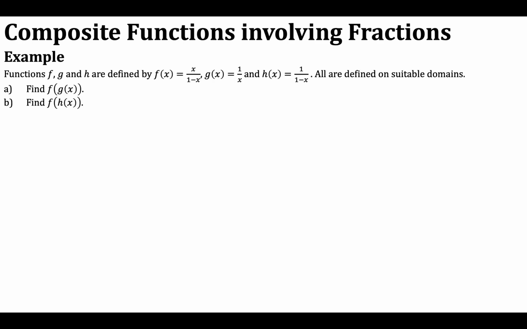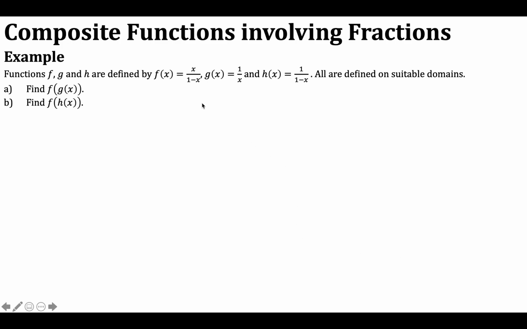So let's have a look at some examples then. Functions f, g and h are defined by f of x equals x over 1 minus x, g of x equals 1 over x, and h of x equals 1 over 1 minus x, and all functions are defined on suitable domains.